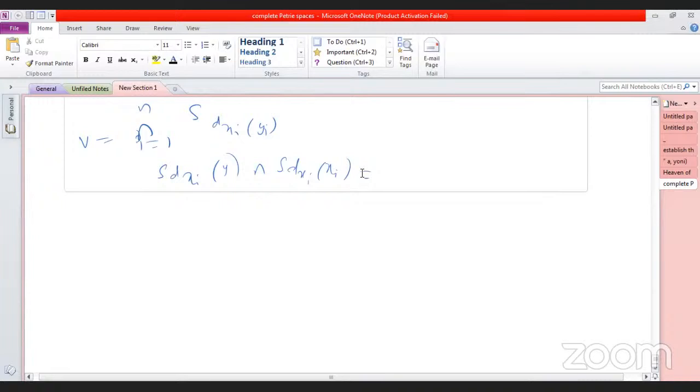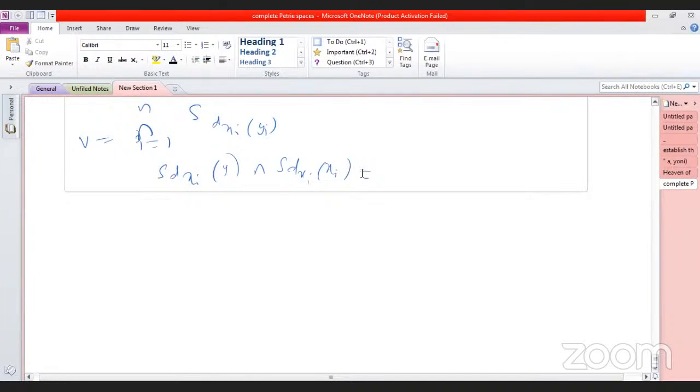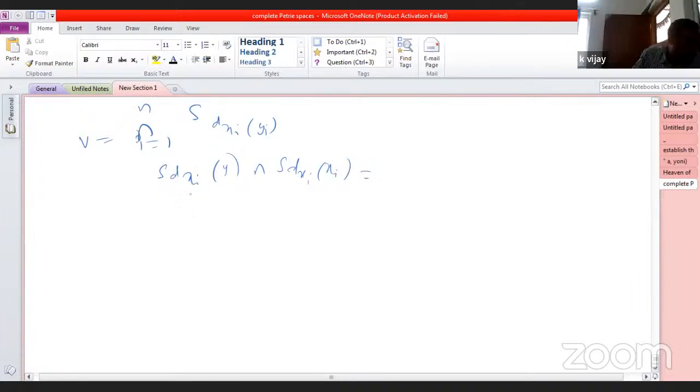0. Why? What is the union? What is the union? S(x_i, r) and the union of S(y_i, r). What is your intersection? Suppose, what is the union value? Tell me. What is that value? What is the union value and what is the intersection value?